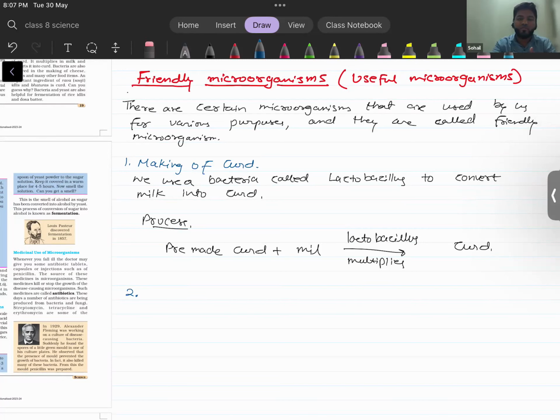In the bread making industry, where breads are produced on a large scale, they take help of yeast. Yeast falls in which category of microorganism? Is it fungus? Is it bacteria? Is it virus? It is a fungus. So the next thing is making of bread.